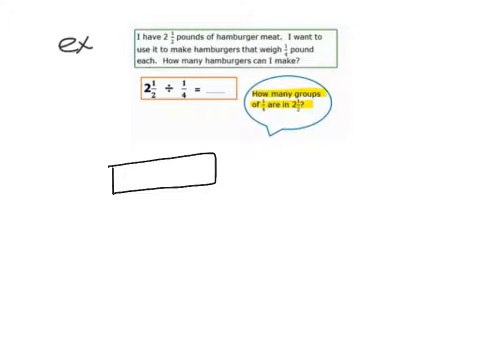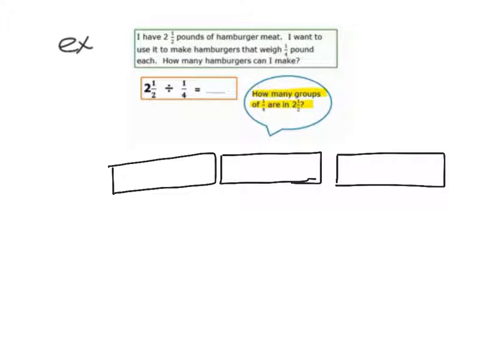They're not exactly perfect, so I'm going to try that one again, make it a little bit closer. And here's my last bar, and I just have a half of that one. I'm going to label this 1 whole, 1 whole. That's 1 pound, 2 pounds, and a 1/2 pound. I'm going to use my highlighter here to show you how much meat I have.